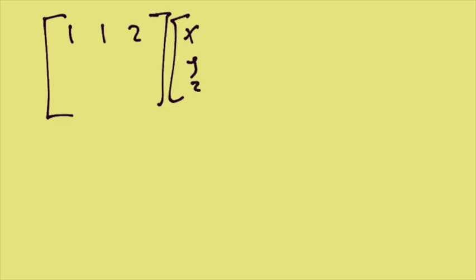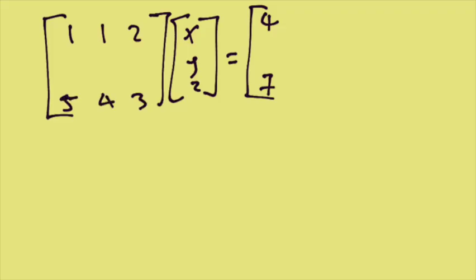So it's going to be 1, 1, 2, x, y, z, and 4, 0, 7. Let's leave that one as row 2 because we are going to do some arithmetic on it.